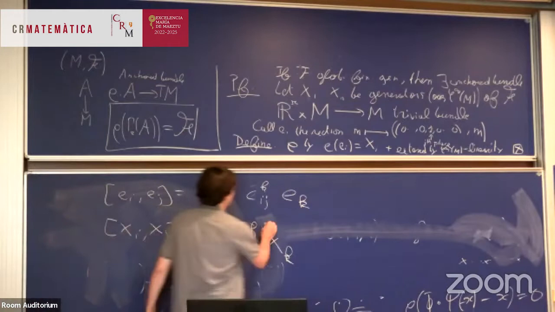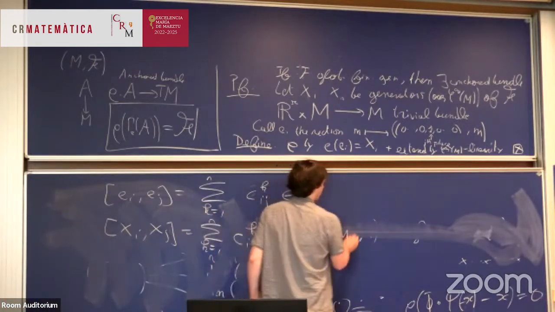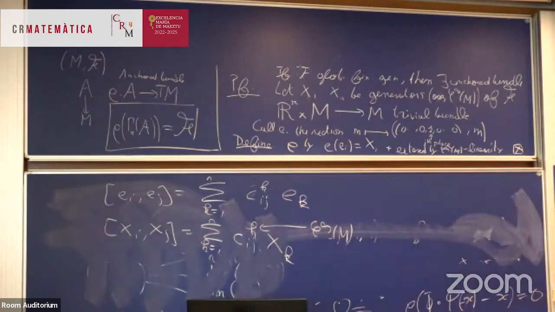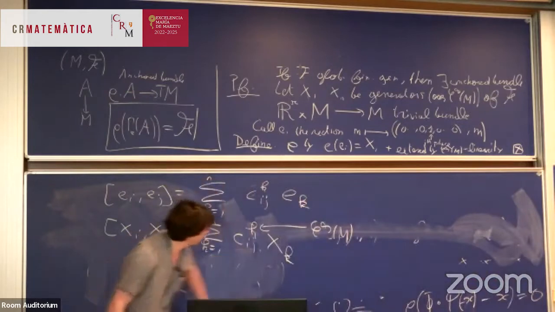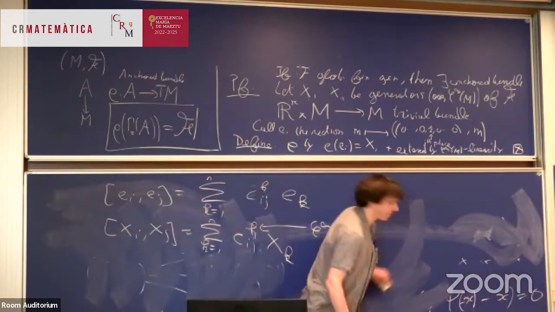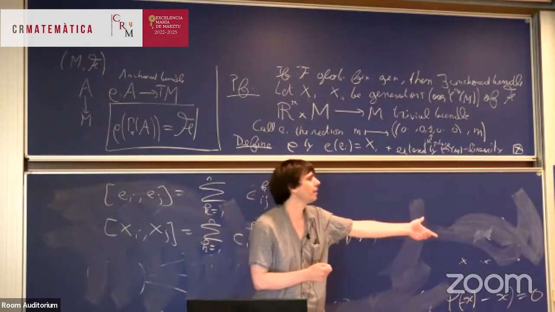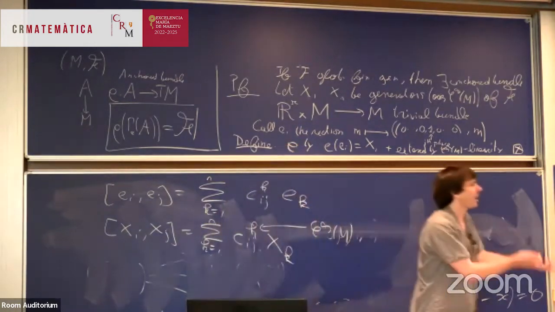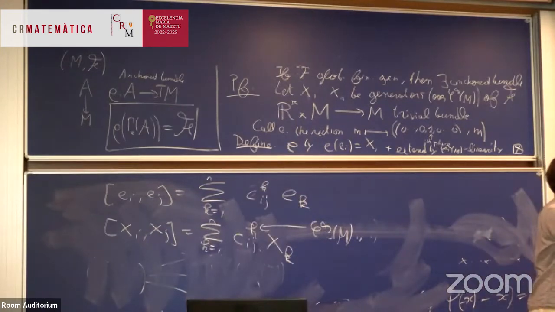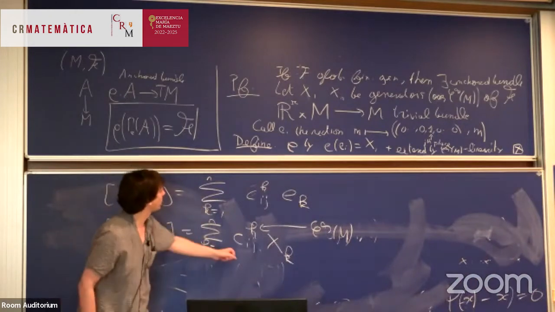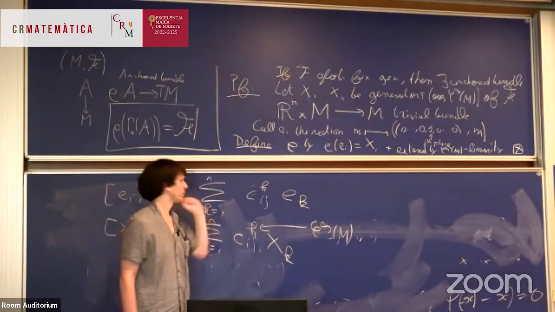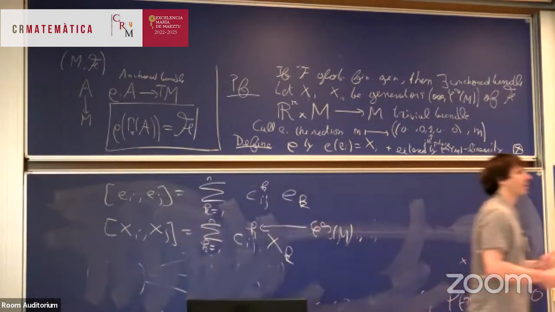For some functions, be careful now. These guys are functions on M. They are not like Christoffel coefficients. They are not reals, they are not elements of the field. They are functions. So how could I try to define an algebraic structure? Well, I have generators x_1, ..., x_r. So the bracket of x_i and x_j, by involutivity, is in F. Since the x_k are generators, the bracket of x_i and x_j is the sum from k equals 1 to r of c_ijk x_k for some functions c_ijk.